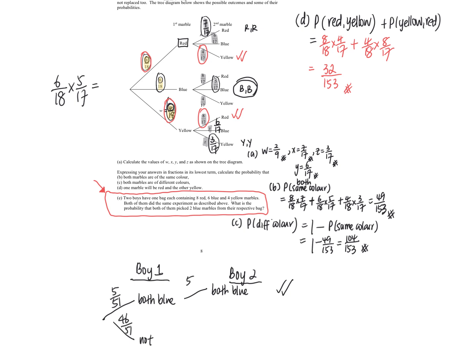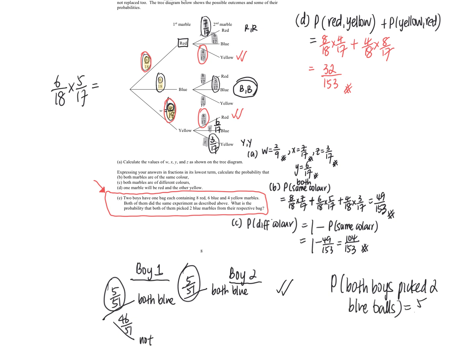Okay, so their probability is the same because they have the exact same bag of balls. So how can I find the probability that both of them actually pick 2 blue balls? So it's just this one times this one. Both boys pick 2 blue balls.